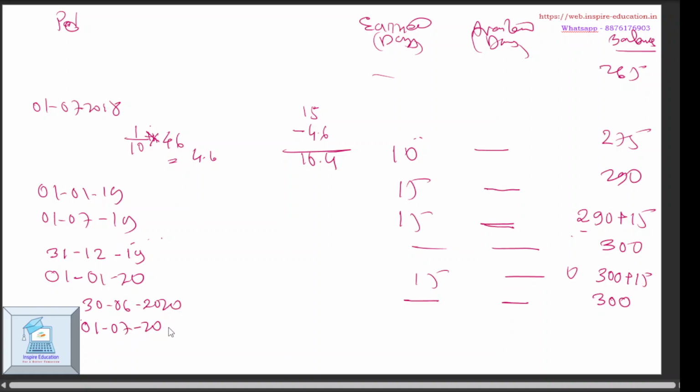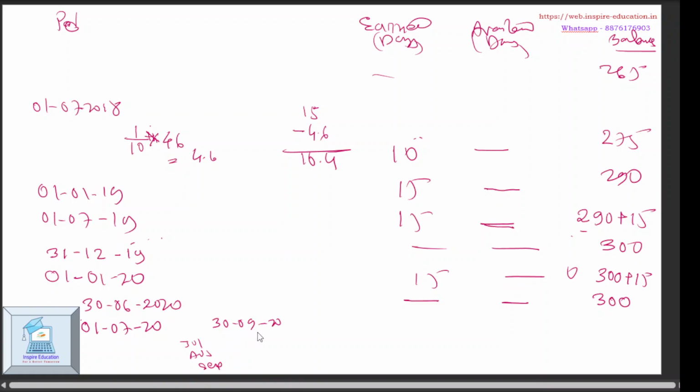So on 1/7/20 he is going to retire, or we are given a calculation to calculate as on 30/9/2020. So there will be July, August, September. Okay, 30/9 full month is given. So there will be full 3 months.